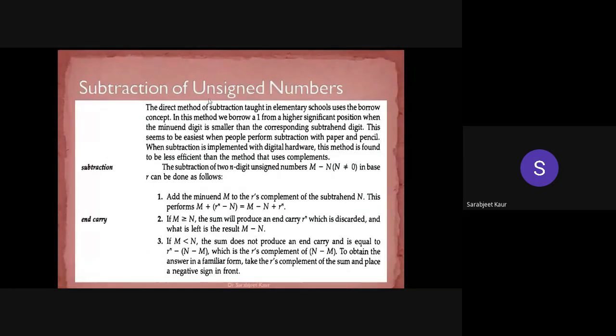But I want to focus your attention on the word unsigned. So what we are discussing today is how to perform subtraction of unsigned numbers.